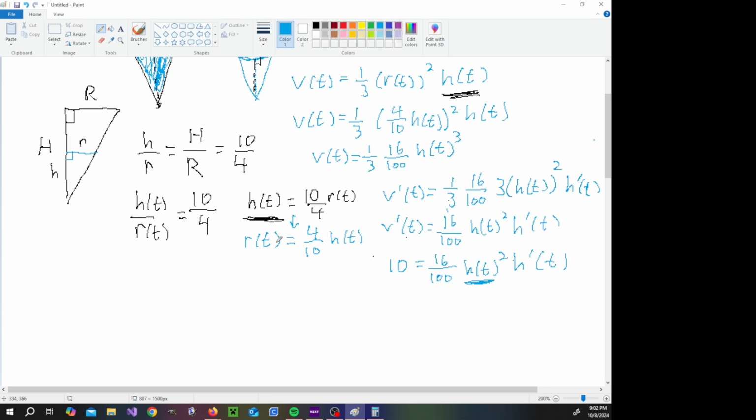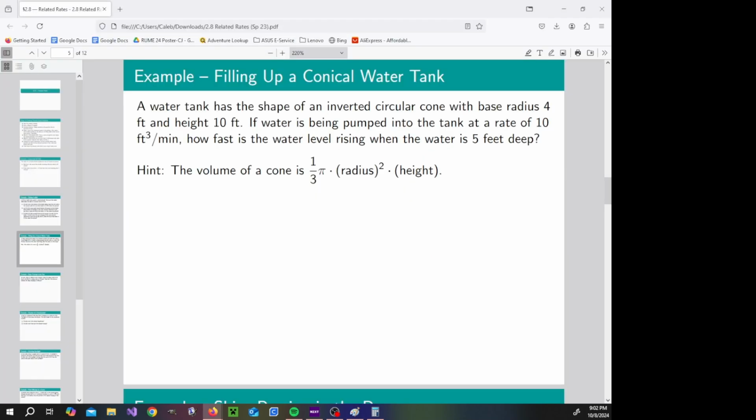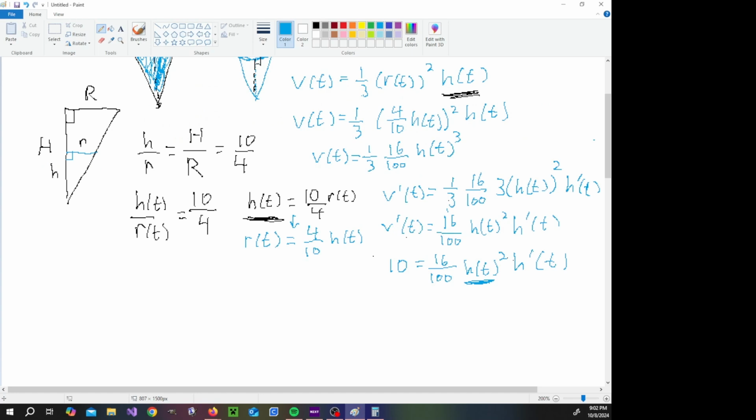However, what is the question even asking us in the first place? How fast is the water level rising when the water is 5 feet deep? So, what is my height when the height is 5 feet? That is exactly 5 feet. So, 10 is equal to 16 over 100 times 5 squared times h prime of t.